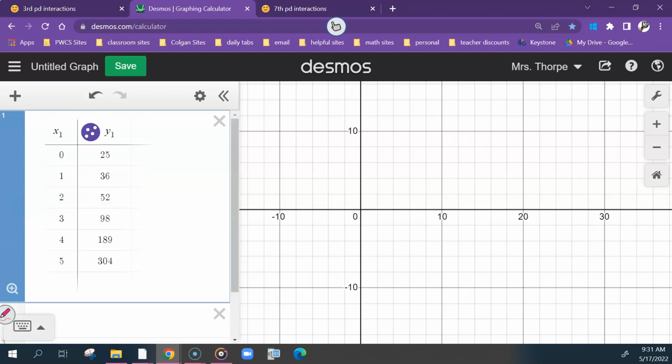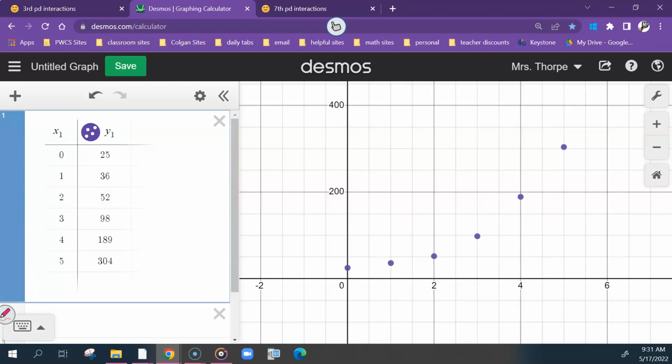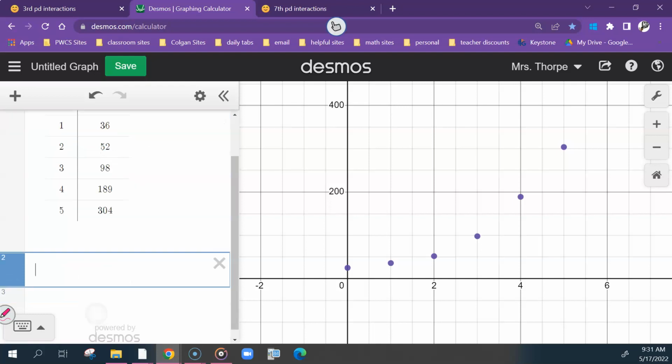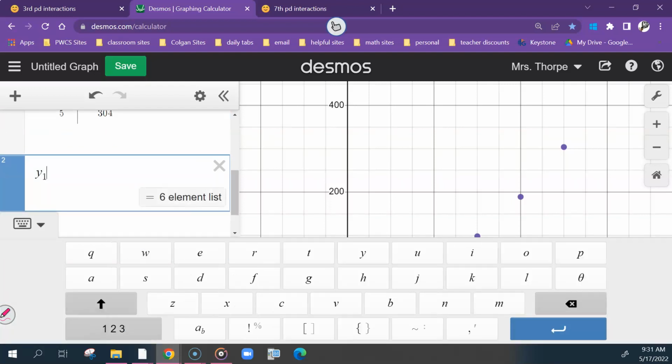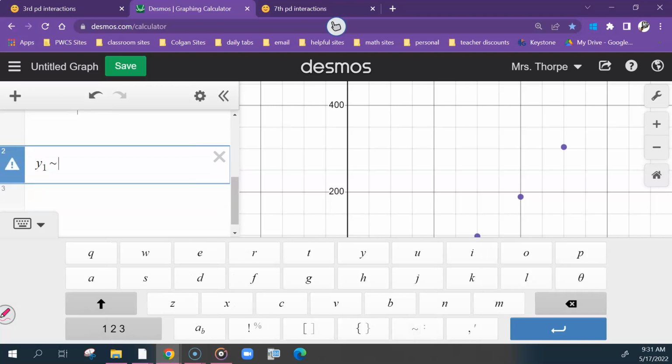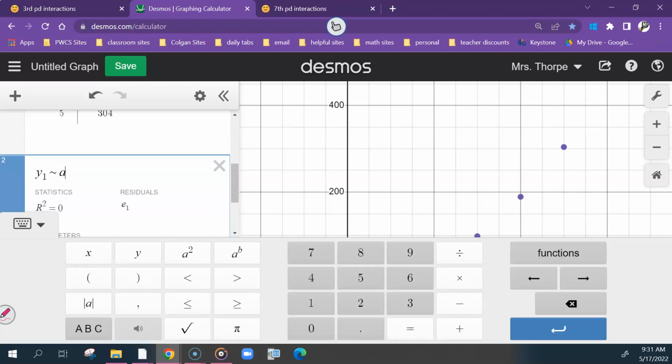So for 3 or 4, I'm going to plus. You see that it's a curve. I'm going to type in my curve of best fit equation. Y1, and my tilde is in the ABC menu. Then A x1 squared.